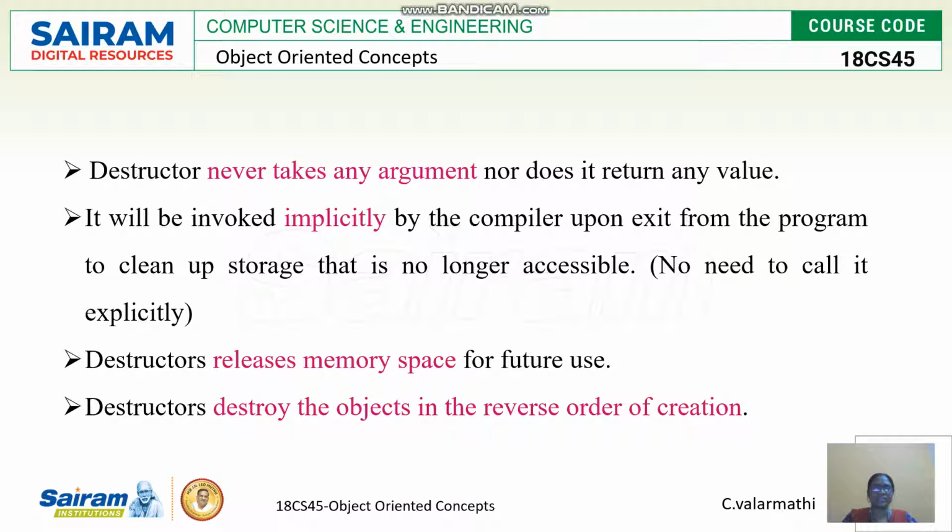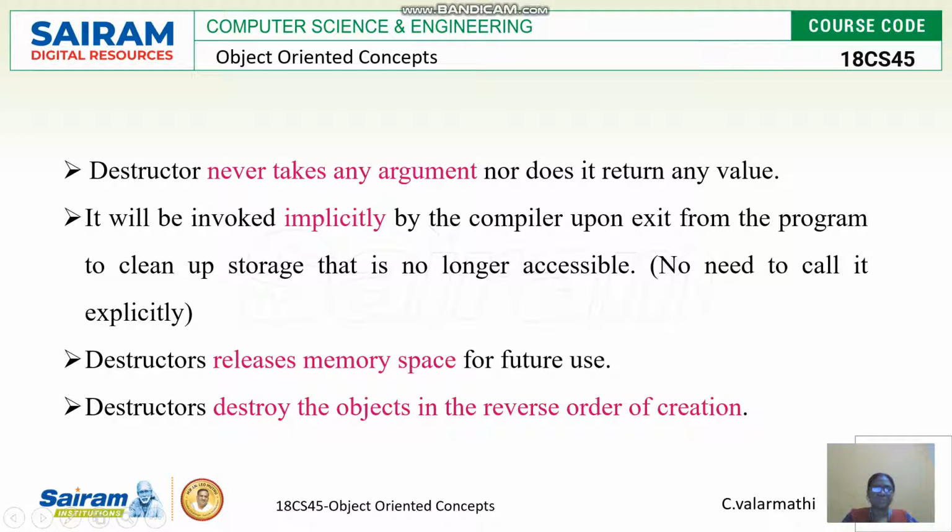There is no need to call the destructor explicitly. The main motivation of the destructor is to clean the storage, to delete the space occupied by the object, and it releases the memory space for future use.